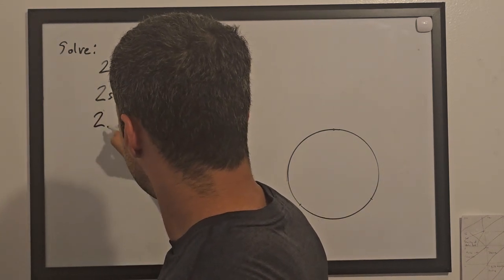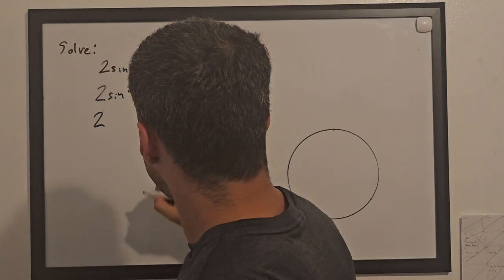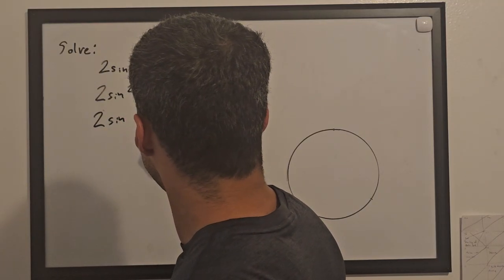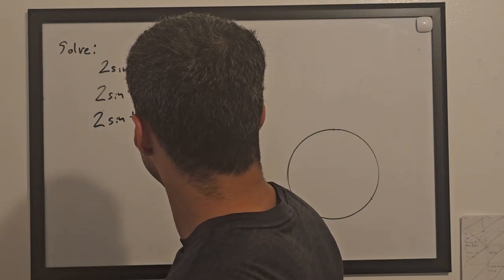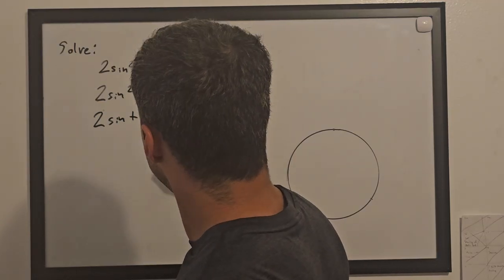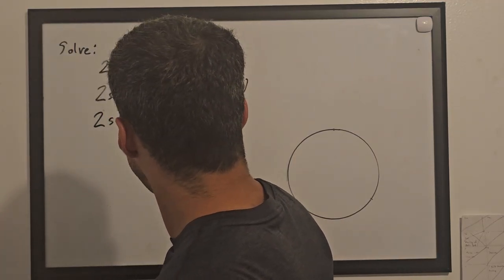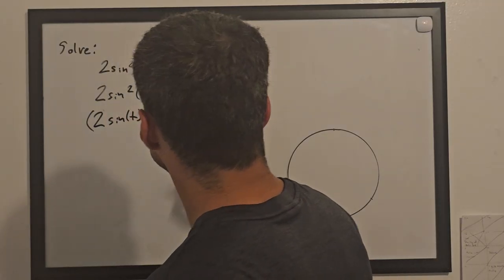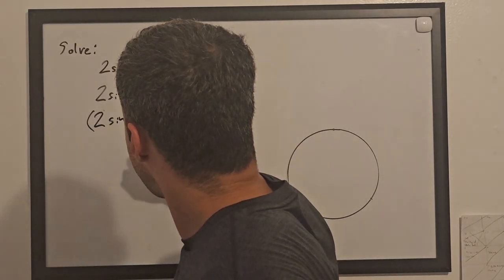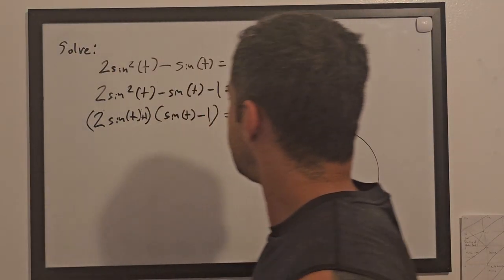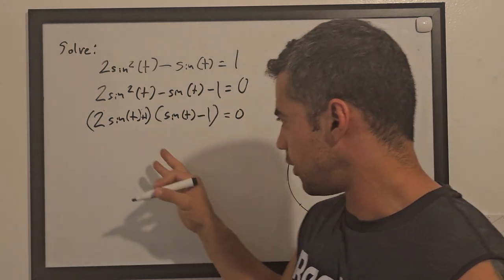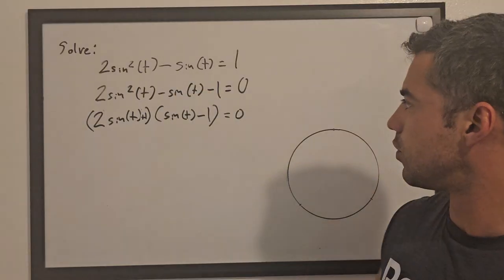That would be something like 2 sin t plus 1, and then sin t minus 1. Alright, that worked out. Sin t plus 1, it's a little bit small, but you get what I mean. So we did find factors that, when multiplied together, equal what we have on top.